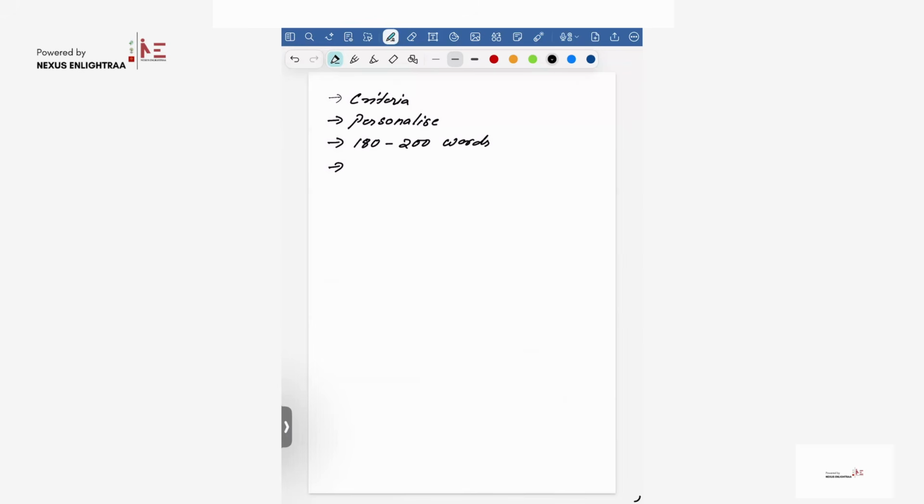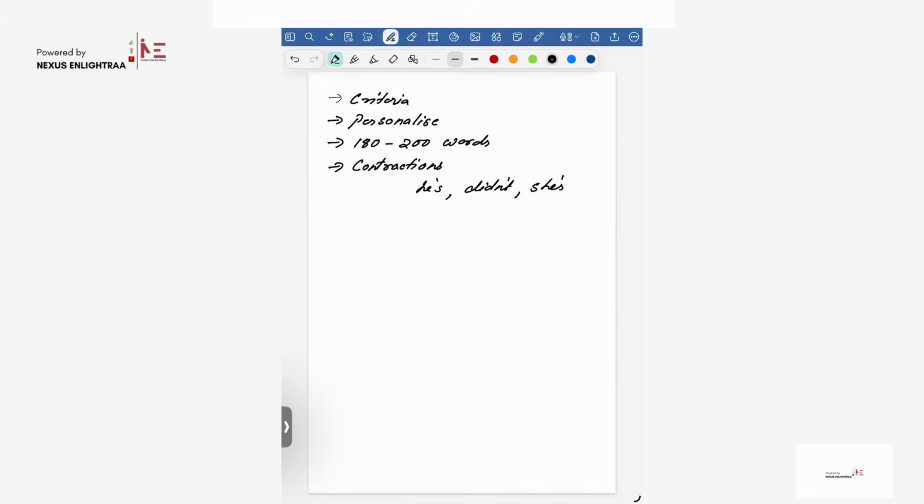Number 4 that I would want you to take into account is contractions. Again, OET is very clear about this. Do not write things like he's or didn't.